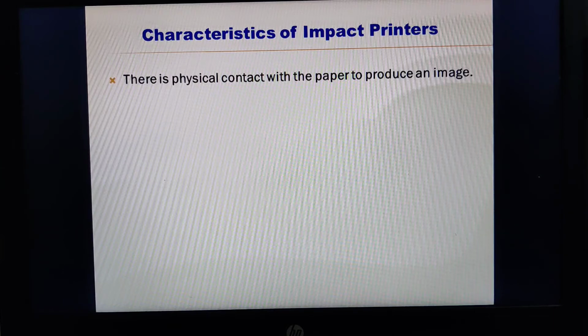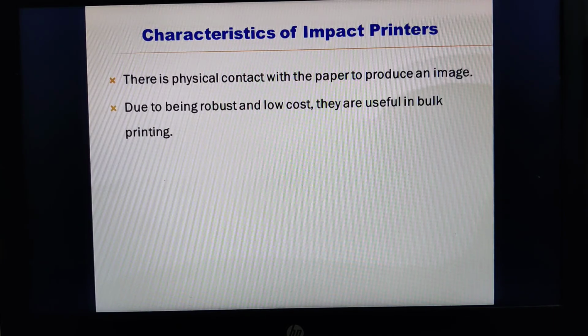Now, these printers are very robust. Robust in the sense they are very strong. Because they are robust and low cost, they are extensively used in bulk printing, where a huge amount of printouts are taken at a time. Next, they can print multiple copies.